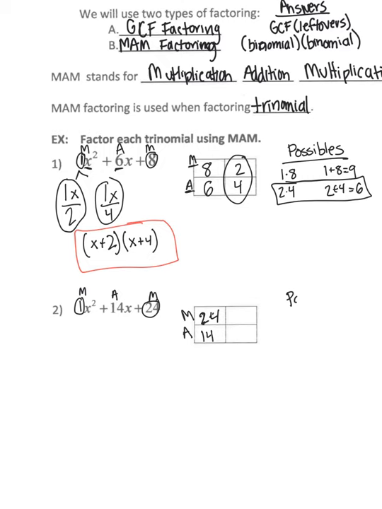So in my list of possibles, I need to find two numbers that multiply to give me 24 and add to give me 14. So if I've got 1 times 24, 1 plus 24 is 25, so that's not my answer. Got 2 and 12. 2 plus 12 is 14, and that's what I was looking for. So that means these are my numbers that are going to go in these empty boxes. So I've got 2 and I've got 12.